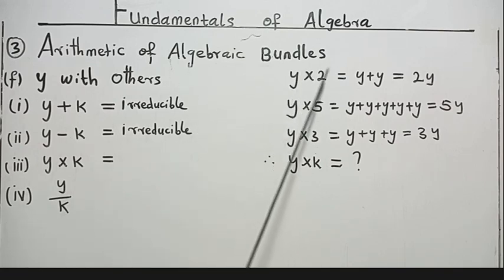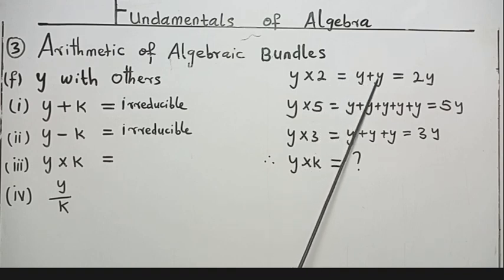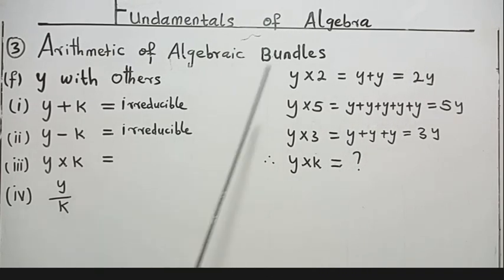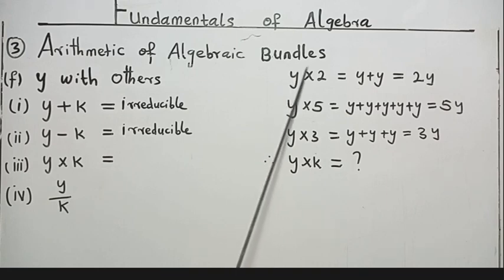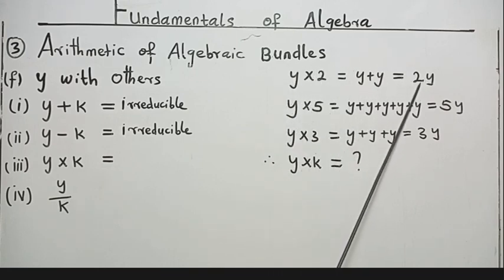So y times 2 simply means y plus y. And I believe that with the past incidents with y, you can tell why this y plus y is equal to 2y. So the summary is that y times 2 is equal to 2y.